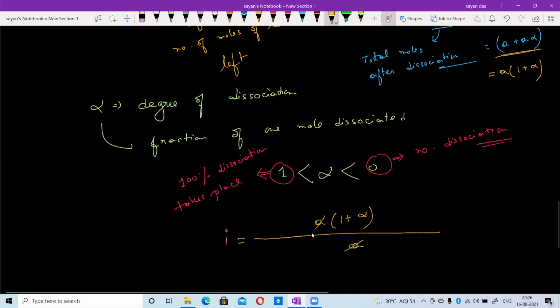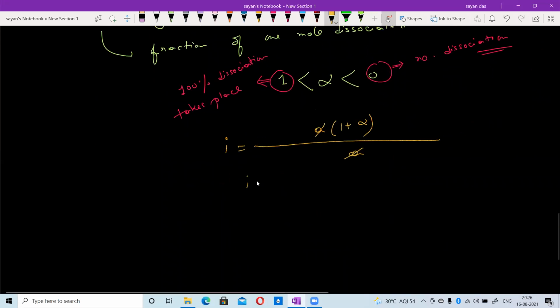If you take a common, it becomes a into 1 plus alpha over a. Cancelling, you get i equals 1 plus alpha. Now, alpha definitely lies between 0 and 1, so we can say the i value here is always greater than 1. Alpha can be 0.1, 0.2, 0.3, 0.4, anything.